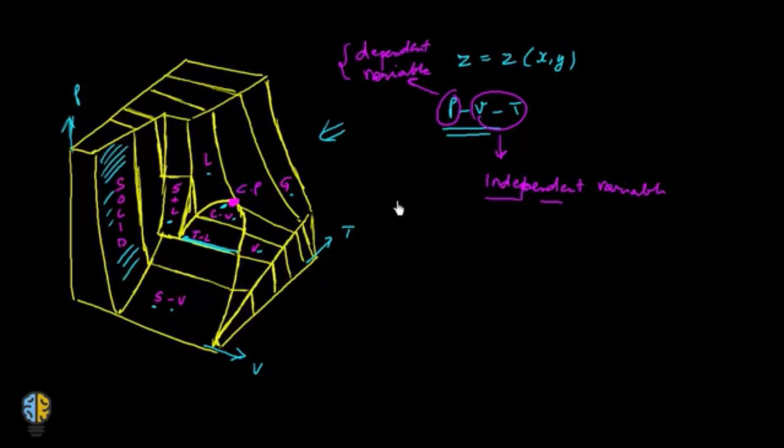Now all states along the path of a quasi-equilibrium process lie on the PVT surface, since such a process must pass through equilibrium states. This is very important, so I'll repeat it. That is, all states on the PVT surface are equilibrium states.